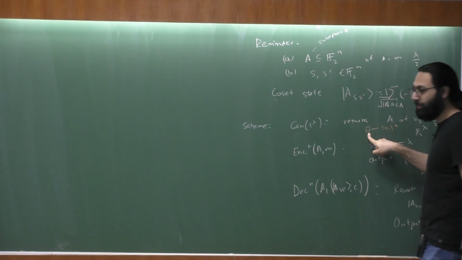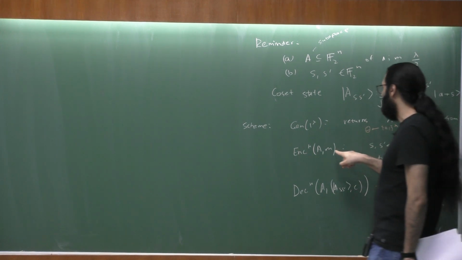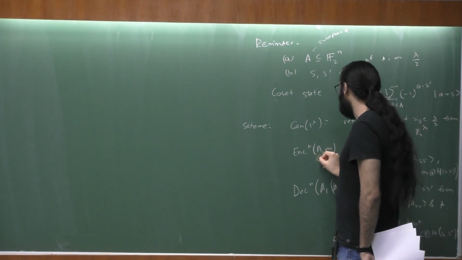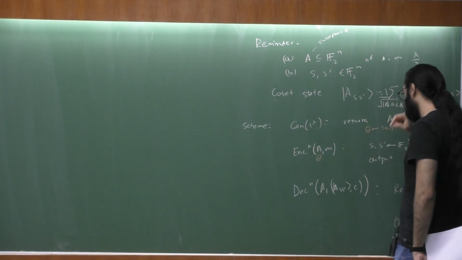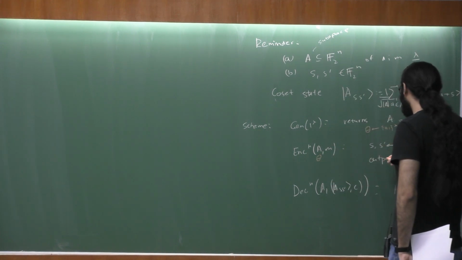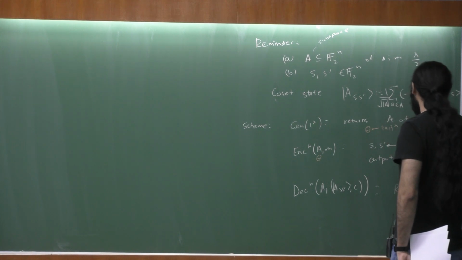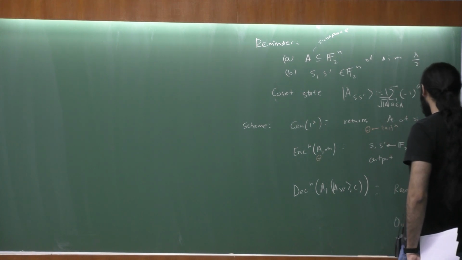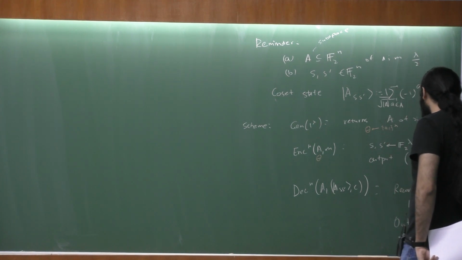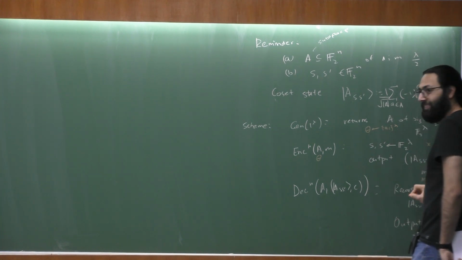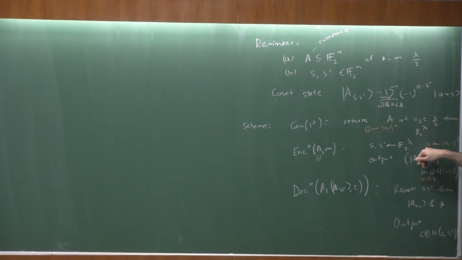So instead of A, it was returning a theta, and then Encrypt would take theta as an input. It would take the message, and instead of sampling S, S prime, you sample some x from 0 1 to the lambda. And you do M XORed with x. So you got some encoding x.